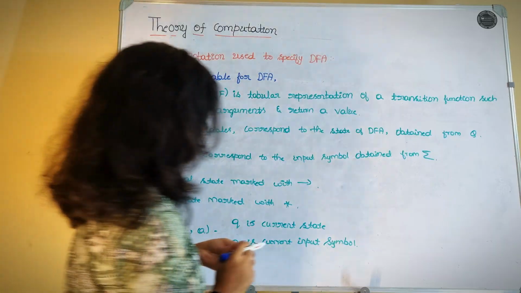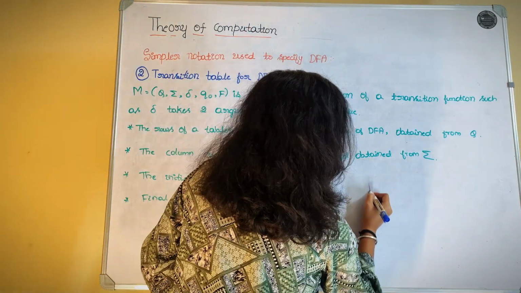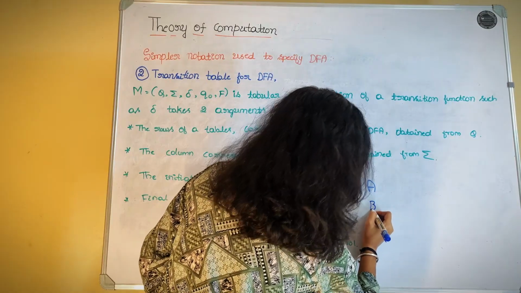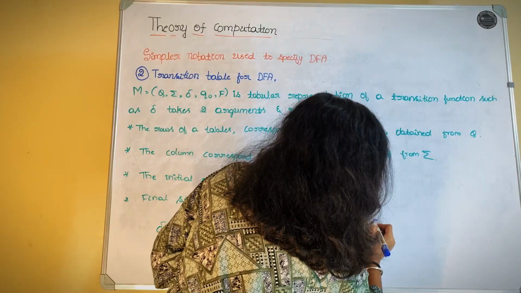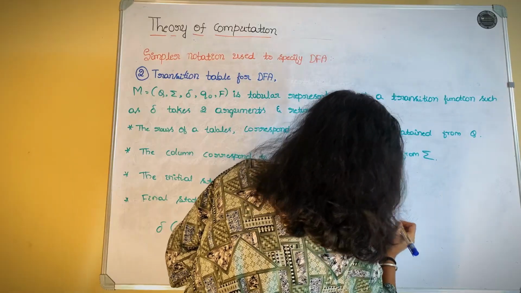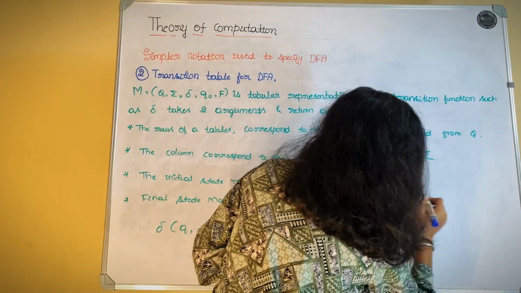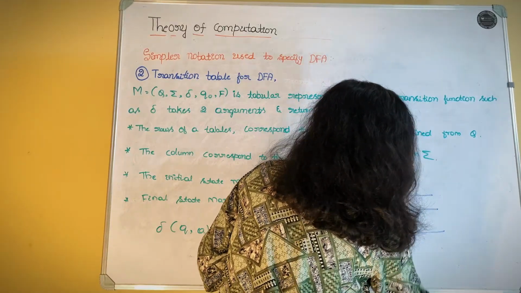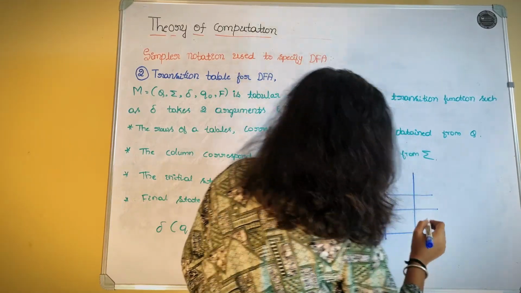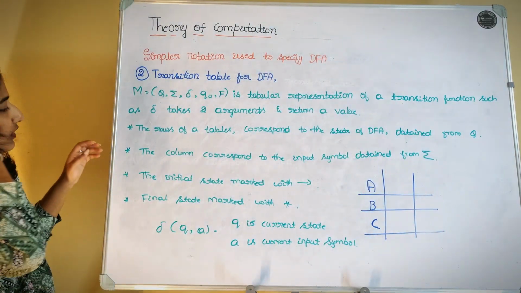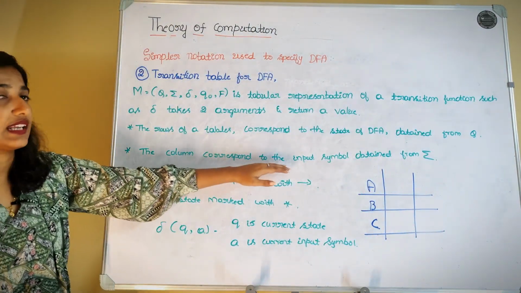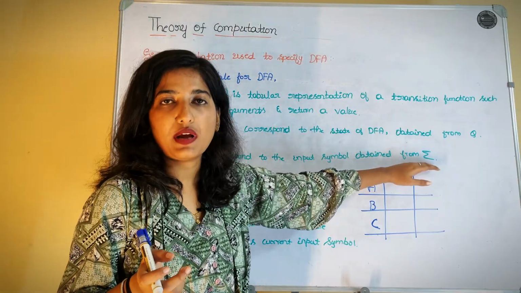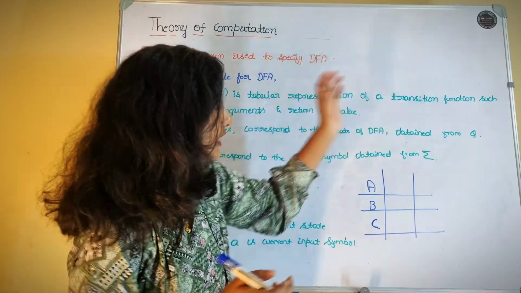So I will write it here. Here we can write rows A, B, and then C. Okay, so the rows are obtained from Q, correct? So next we have the columns corresponding to the input symbols obtained from sigma. So what are the columns here?